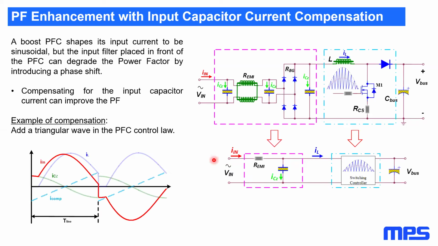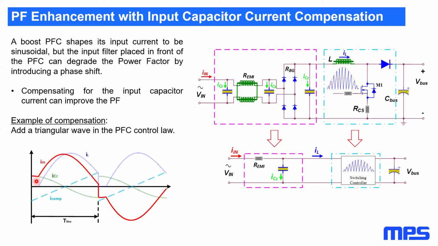So we can also compensate for this. For example, here I'm showing an example with a triangular wave. Knowing that there will be some current flowing through the capacitor, which is represented in green here, completely out of phase with the input voltage, we add a ramp to approximate more or less the shape of this current. Of course, it would be better if it was a sinusoidal shape, but even a ramp is already a good thing.